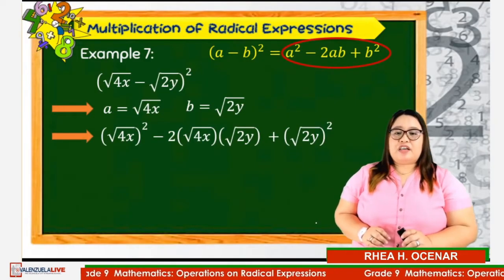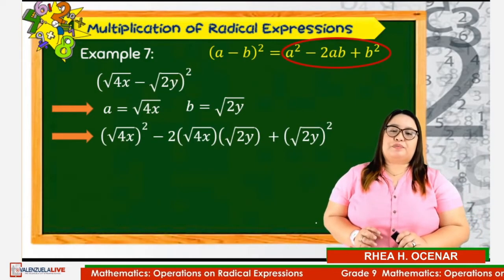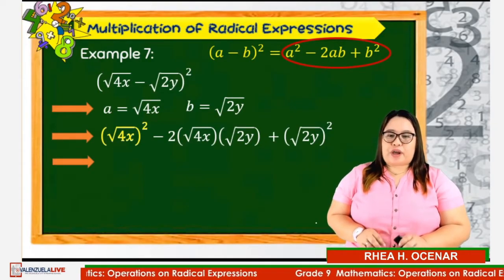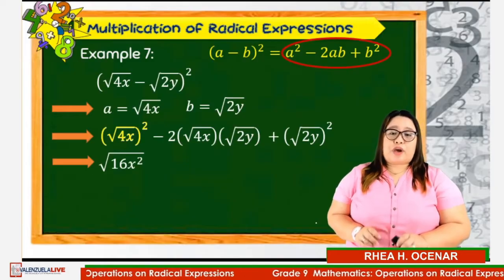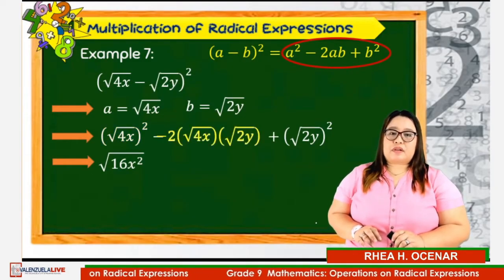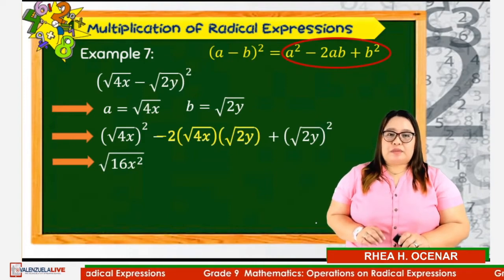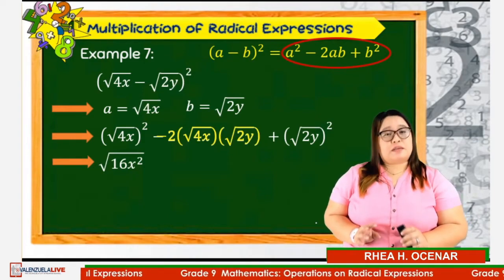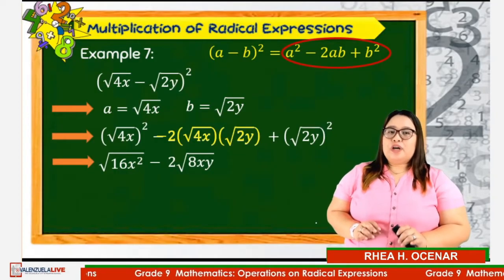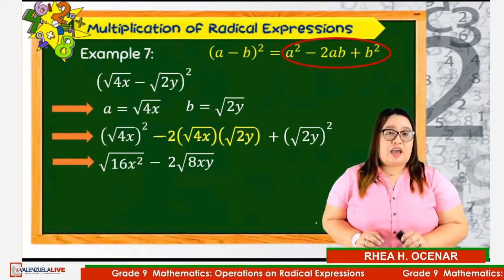By simplifying each term, we have the quantity square root of 4x squared is equal to square root of 16x squared. Negative 2 times square root of 4x times square root of 2y is equal to negative 2 square root of 8xy.